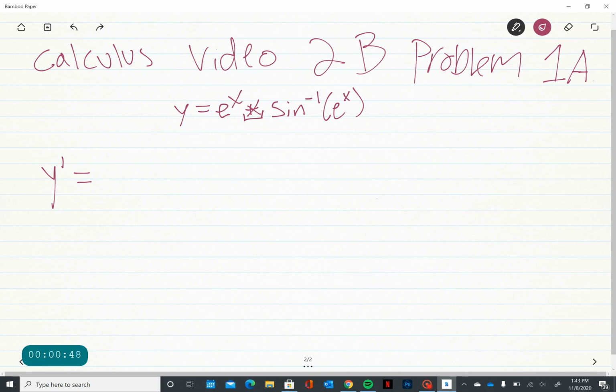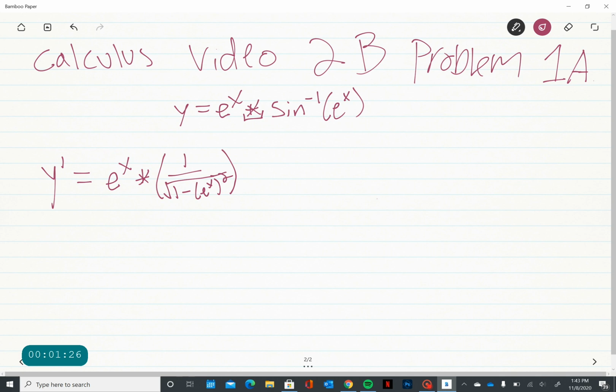For product rule, we take the first times the derivative of the second, which would be e to the x times the derivative of arc sine e to the x. The derivative of arc sine is 1 over the square root of 1 minus x squared, but in this case it would be e to the x squared, since it's not just an x in the arc sine.